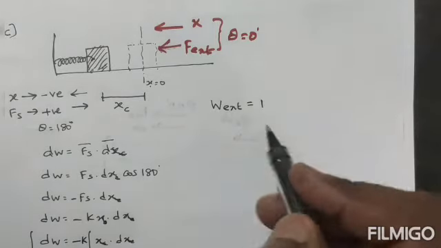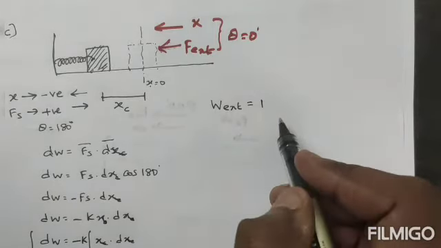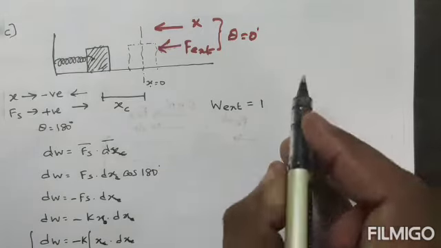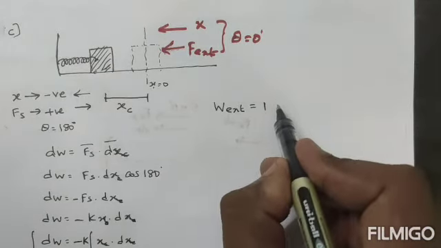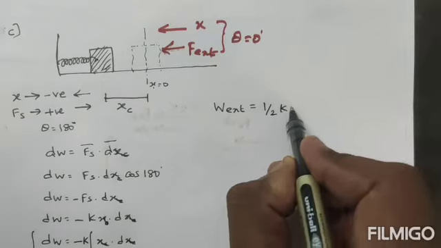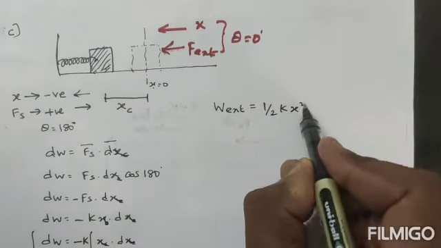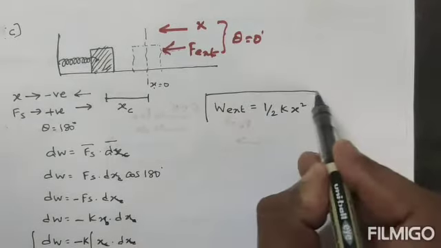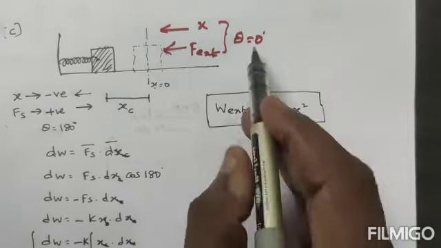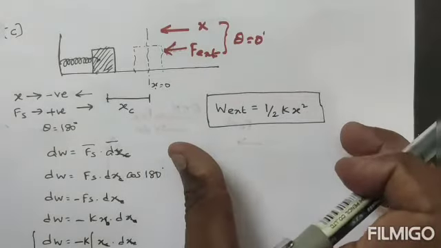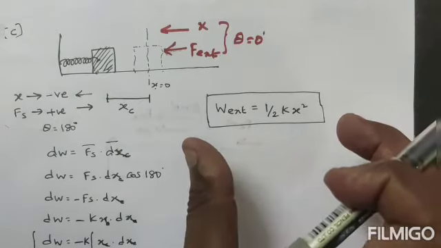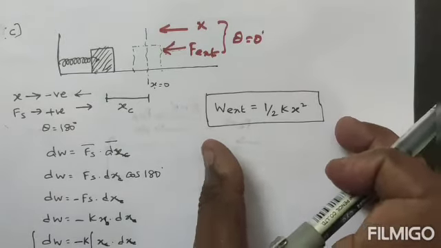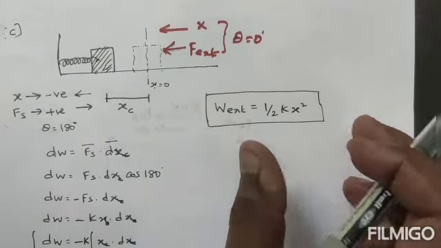The external force direction is left side, and the displacement direction is also left side. So the angle here is 0 degrees. We already derived this in the previous case, so it is positive, and the work done by the external force is equal to half k x squared.